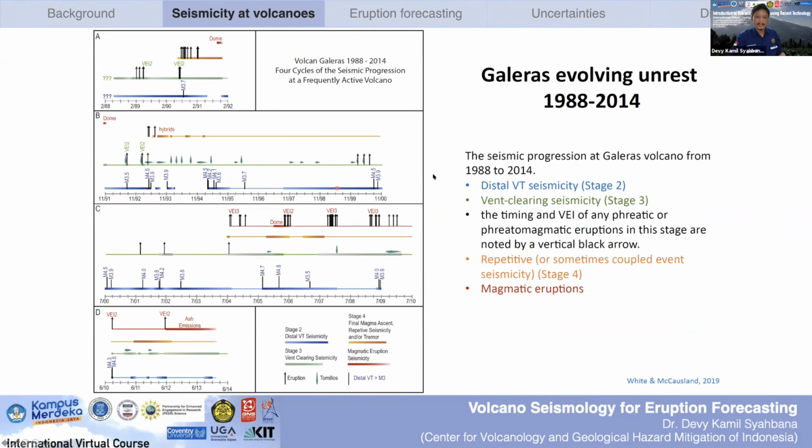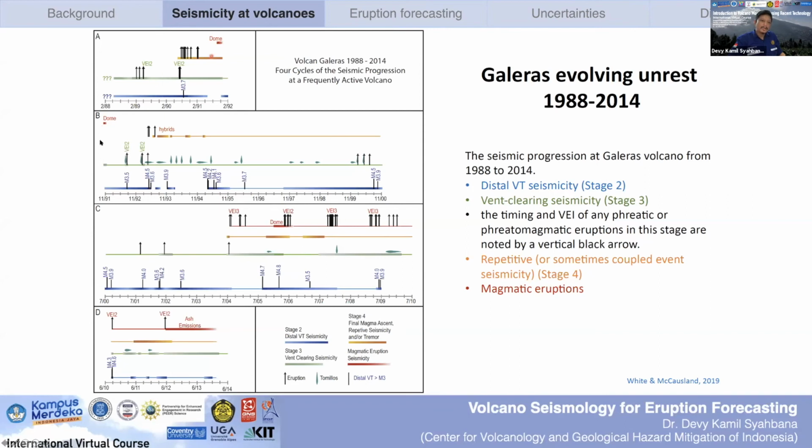We can see that the first stage here was the distal seismicity, and then it continued by stage 3, the proximal earthquakes, band clearing seismicity, and then also the repetitive events, and also the magmatic eruptions.